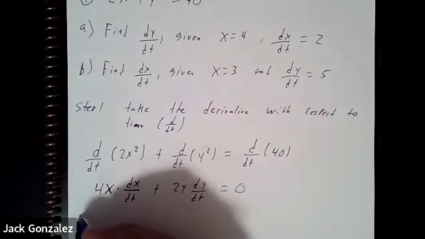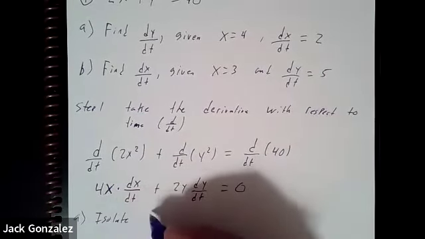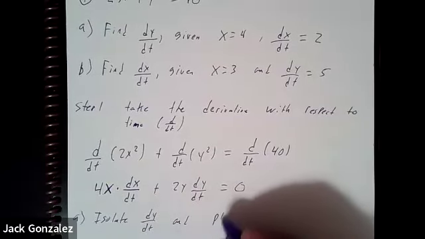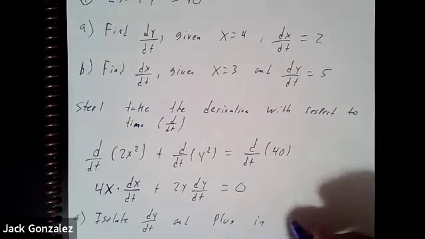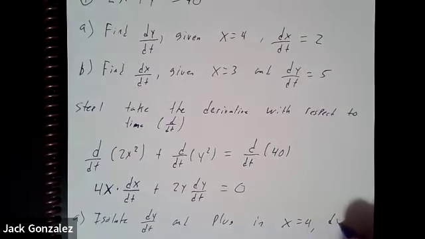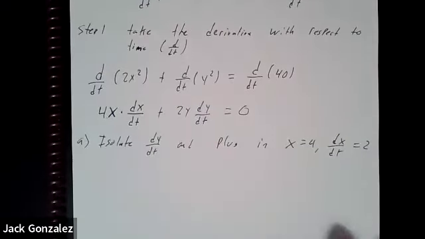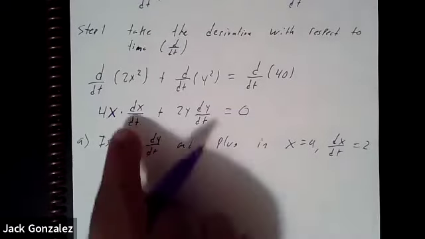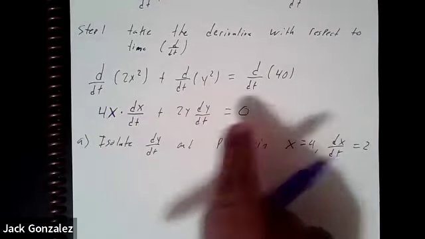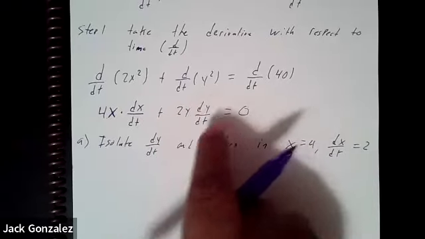So part A, just isolate dy/dt and plug in these two. Move this guy over here, divide by 2y, and then plug in the numbers.